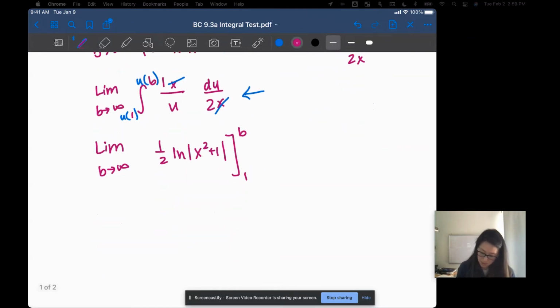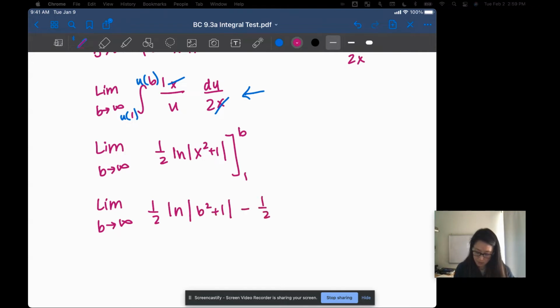All right, now I switch back into x so I can use the bounds 1 to b. I am going to substitute the bounds. So 1/2 times the ln of the absolute value of b squared plus 1 minus 1/2 times the ln of the absolute value of 1 squared plus 1. I put that in parentheses so I know I'm taking the limit of the whole thing.